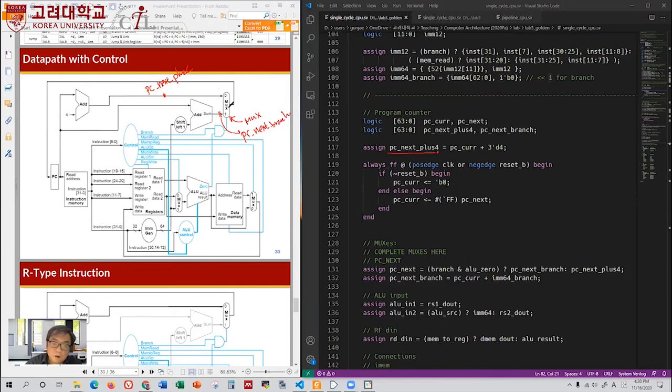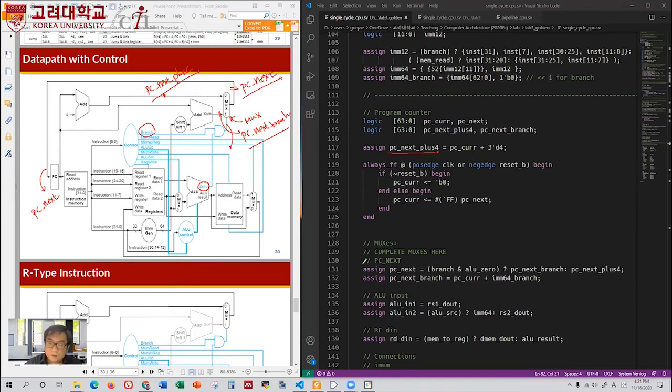So this mux receives two input signals and one selection signal. And as you can see, this one selection signal is the AND of branch and ALU 0. So this mux output is the PC underbar next, the next PC value.